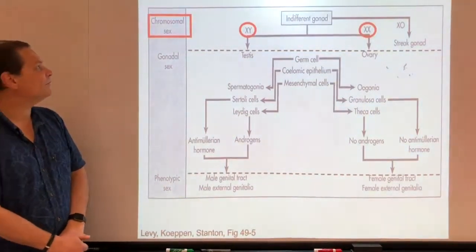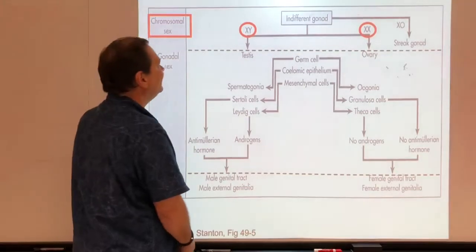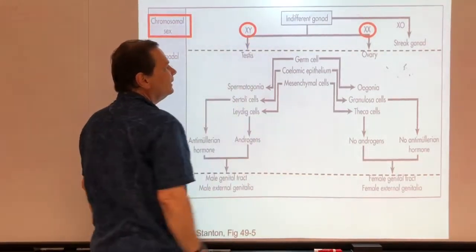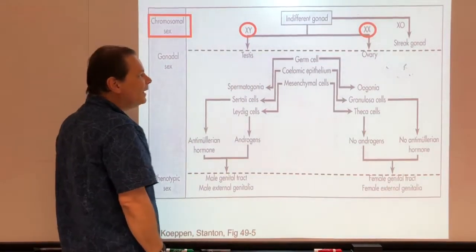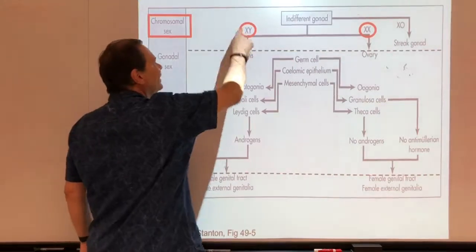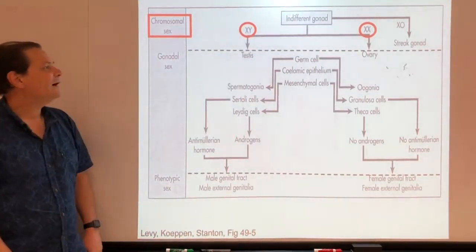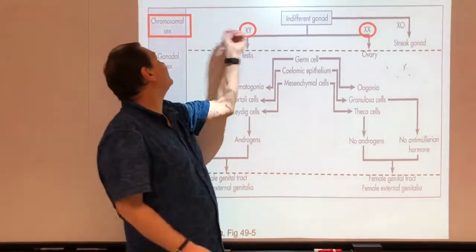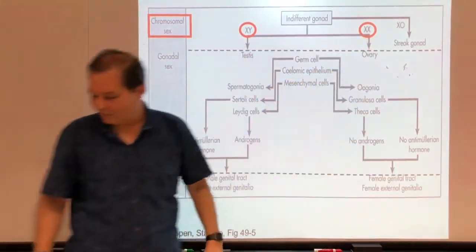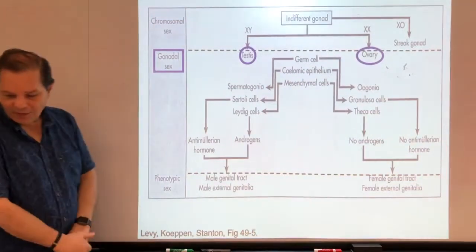So if we start with the chromosomal sex, what that comes down to is, do you have a Y chromosome or not? Okay, females have two X chromosomes, males have an X paired with a Y. And this would be considered male. As far as chromosomal sex is concerned, this would be considered the normal female.